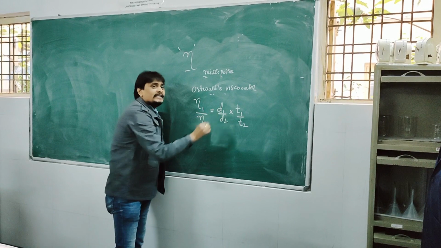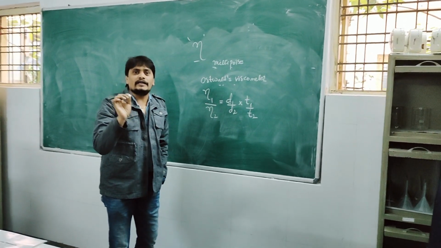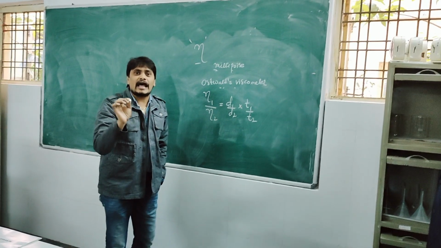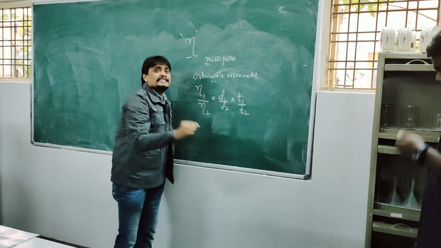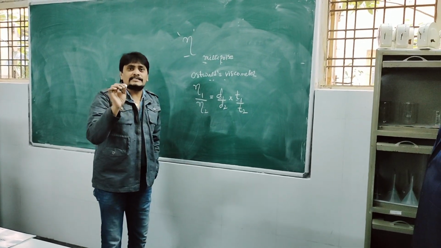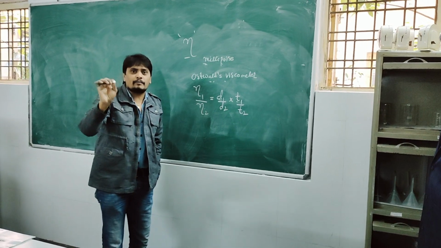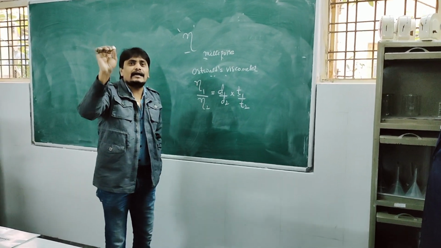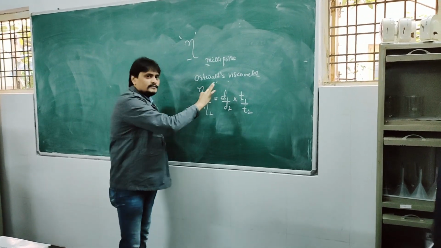D1 is the density of distilled water, which is 0.997 gram per centimeter cube, and t1 is the time taken by distilled water to move from mark A to mark B of the upper bulb. Is that clear?